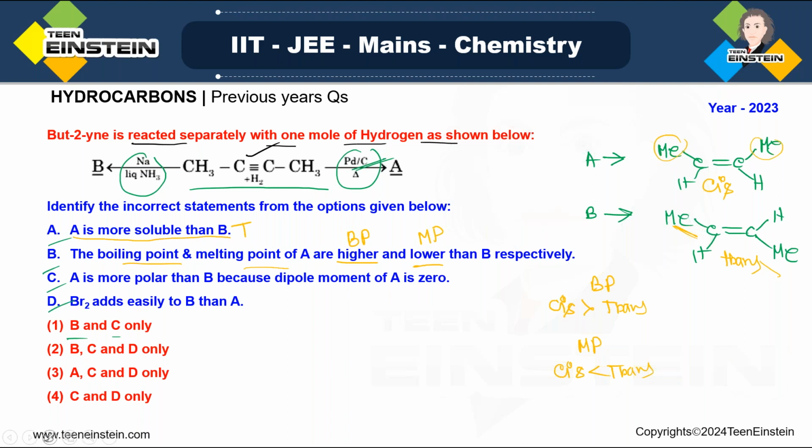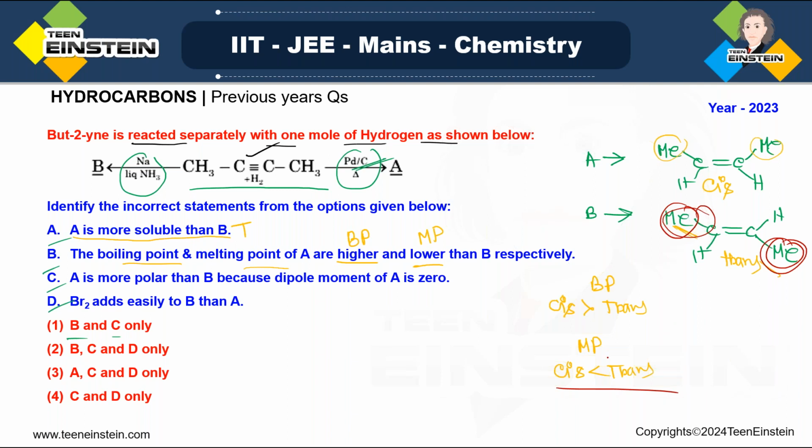But what about melting point? Is it also true? Now it is reverse. Why? Because when it is trans, with this type of structure, the crystal packing in the solid crystal is very good. But when it is cis, because of this type of structure, the packing in the solid crystal is not very good. Packing is good when you have this zigzag type of structure, right?